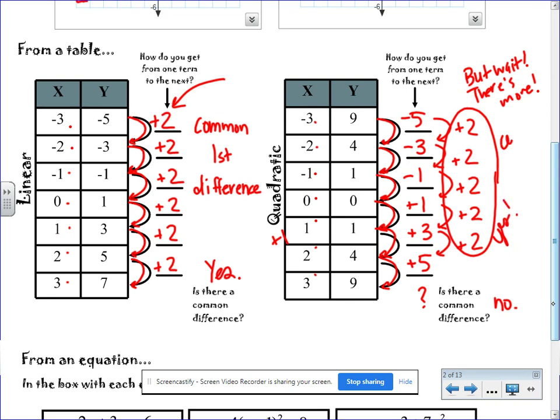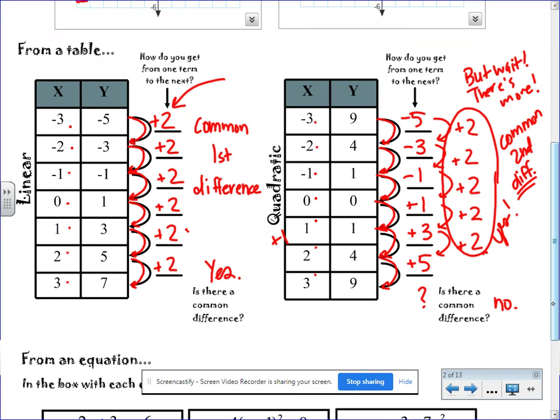But it's a common second difference. And for those of you trying to see a weird pattern here, I know that like these are 2 and these are 2, but it's not always 2. That just happens to be. So that's the way from a table that you would look and see that it's quadratic.